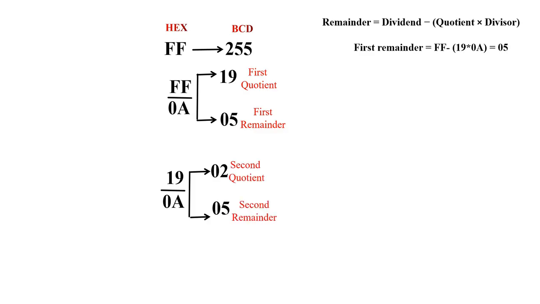The remainder can be obtained by using this formula, that is 19 minus 2 into A. 19 is the dividend, 2 is the quotient and the divisor is A. So the remainder is 5. This is the second quotient and the second remainder upon second division.